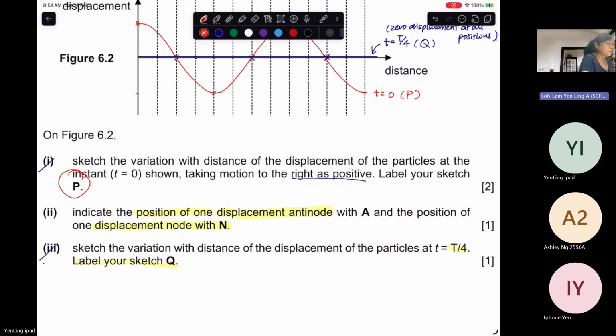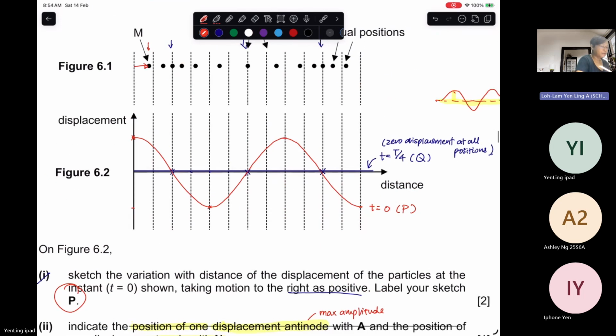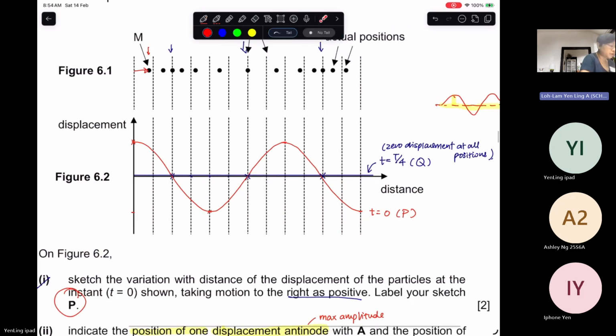So an antinode is one of maximum amplitude of vibration. And then what you would have is, therefore, you can label either one of these points. So one of these points would be either this point, this point, this point, or this point. So one of it will do. So you can just label one of it. And you can label this one, antinode.